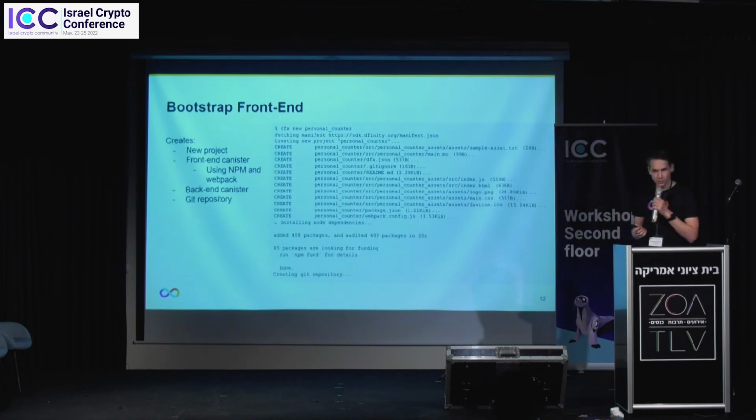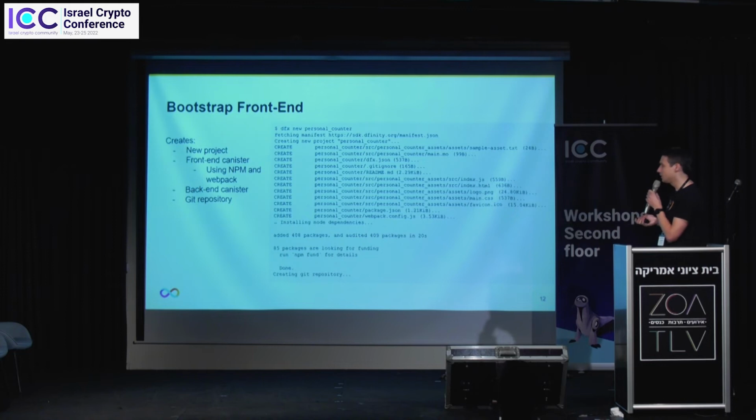So now, to bootstrap the front end, we actually have helper tooling for that. You can do dfx new and then a name. In this case, I did personal_counter, and this will create a bunch of files for you. Essentially, it will create a new folder with that name, and in there it will create a dfx.json file, which is our project file.